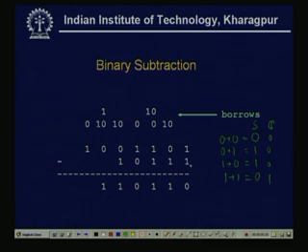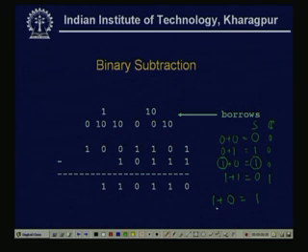So, first 1 minus 1, that means I can take from here, as if this one is subtracted from this, that means 1 plus 0 equal to 1.